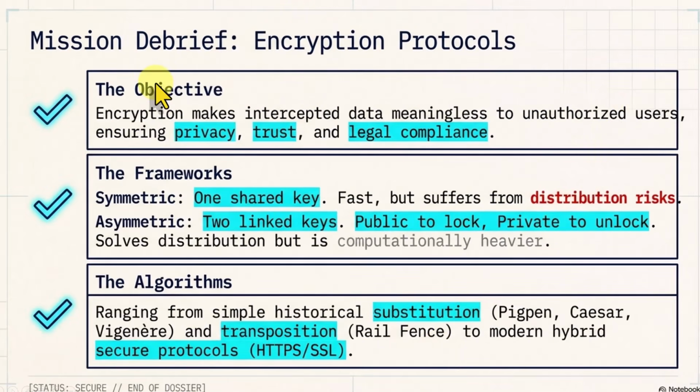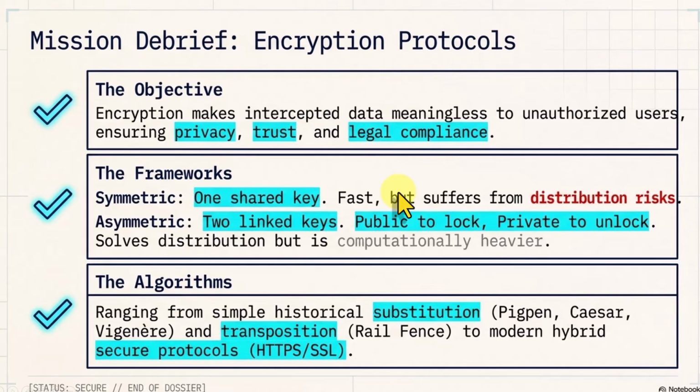The objective: why do we encrypt? Encryption makes intercepted data meaningless to unauthorized users, ensuring privacy, trust, and legal compliance. Clear? If somebody gets the data, they will not be able to read it. The framework: we have symmetric, one shared key.